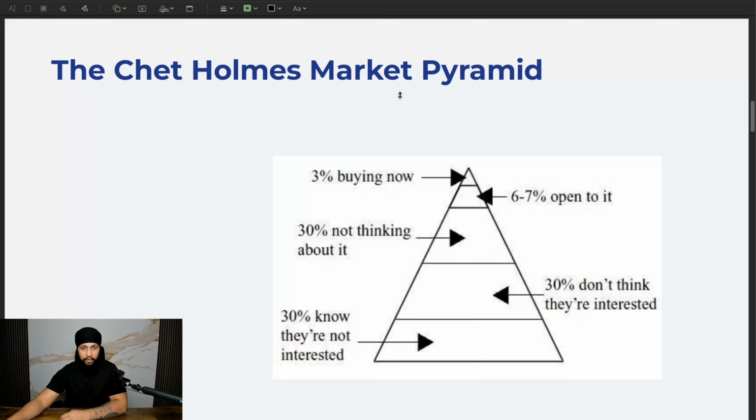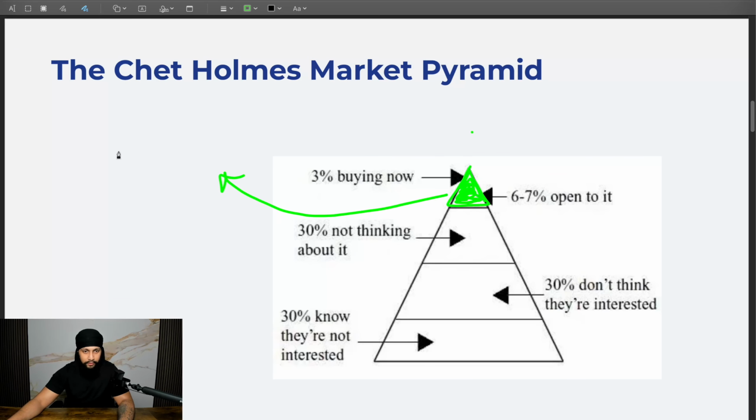Okay, but Chet Holmes, with his experience in marketing, realized that there is a percentage of the market that are ready to buy right now, and that is the top 3% of people. Okay, so in his book, the top 3% of people are these people right here, and this is described as the in-market buyers.